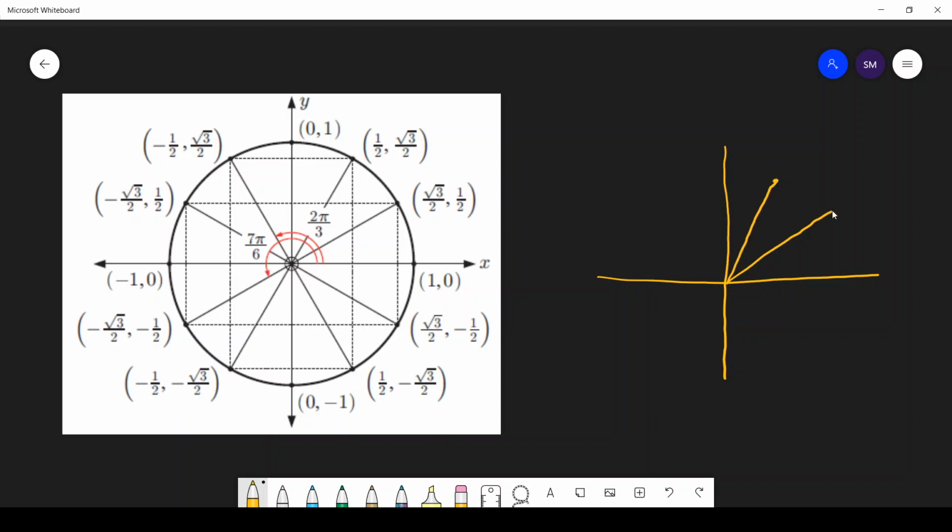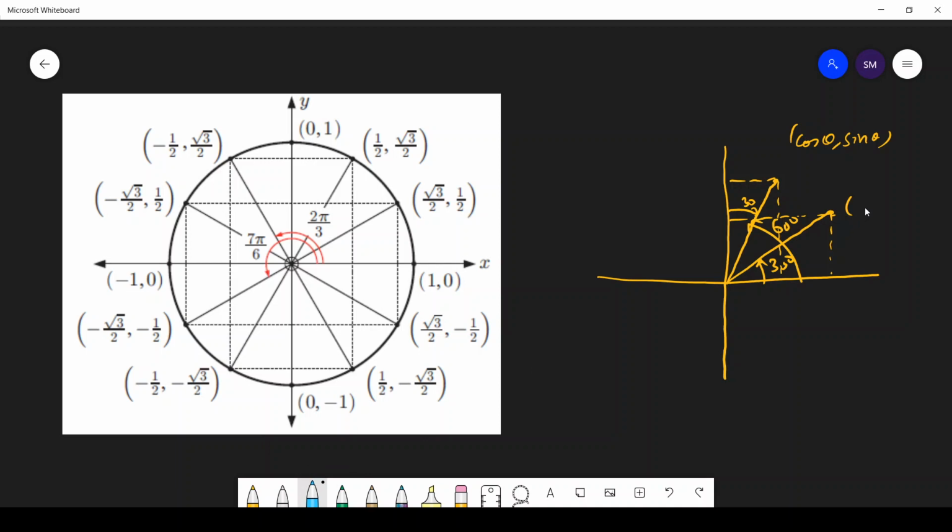Obviously these points lie on the unit circle. So cos theta, sin theta are my coordinates, and in the last figure I've already drawn these lengths. So this is 30 degree, and this is 60 degree, and this is again 30.